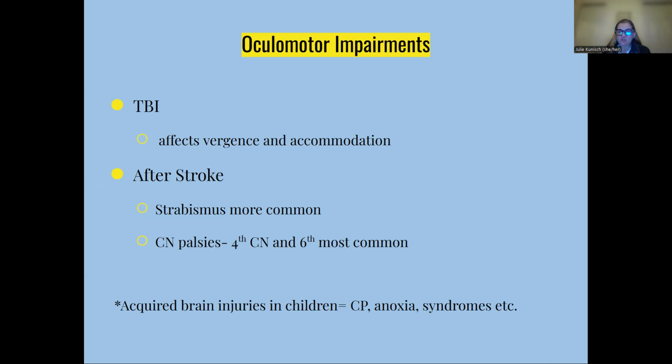After a stroke, strabismus is more common than vergence or accommodation, and strabismus means that one eye is not lining up with the other, or also cranial nerve palsies of sixth and fourth cranial nerve are common. Oftentimes, ocular motor impairments in children happen also with acquired brain injuries, such as cerebral palsy, anoxia, different genetic syndromes, and so on.